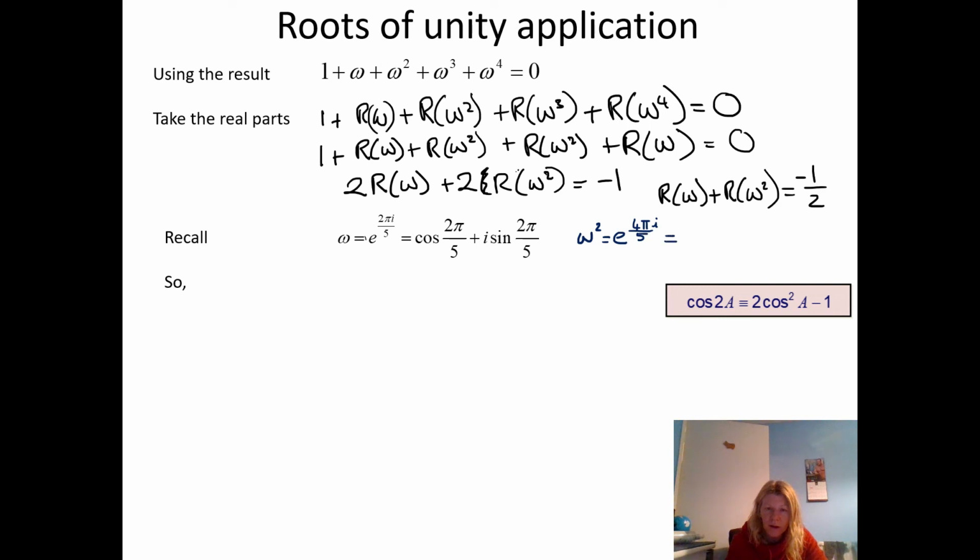So that would equal cos of 4 pi over 5 plus i sine of 4 pi over 5.